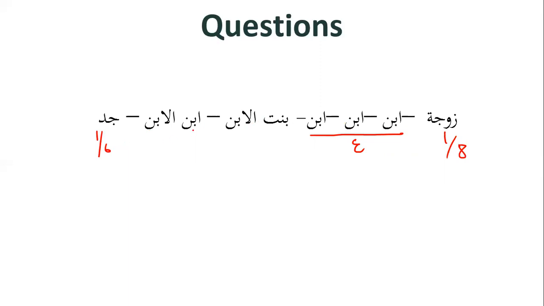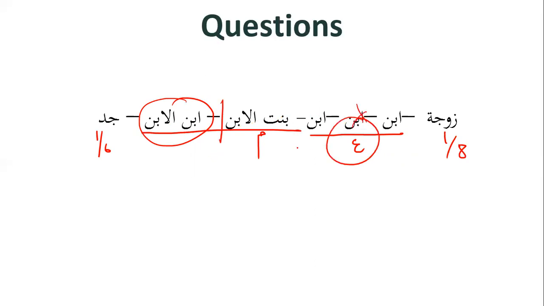The bintul ibn and ibn al-ibn, although we haven't technically covered the ibn al-ibn, so even if you try mahrum here, the answer would be correct for now. Although for your information, the ibn al-ibn is also mahjub. So Bintul Ibn, because the Ibn is present, will be mahjub.